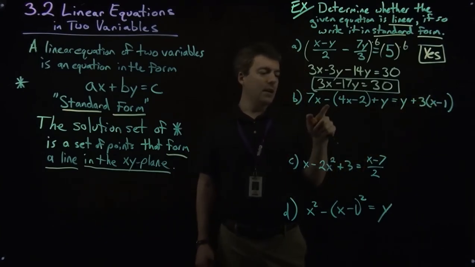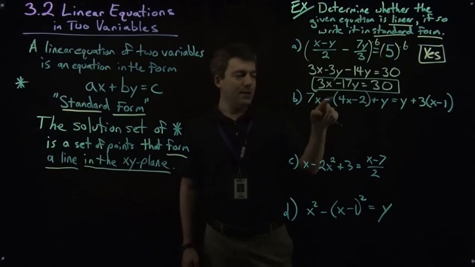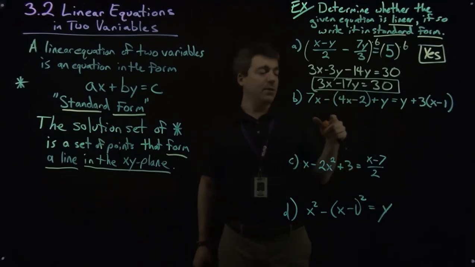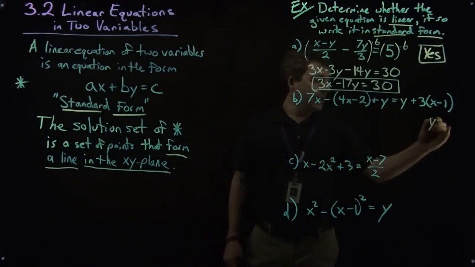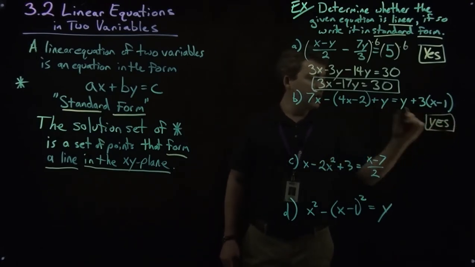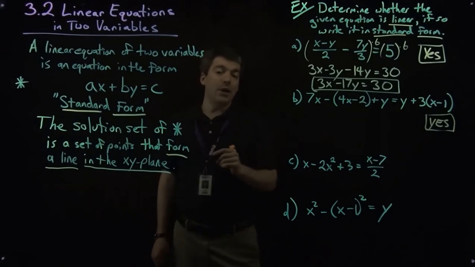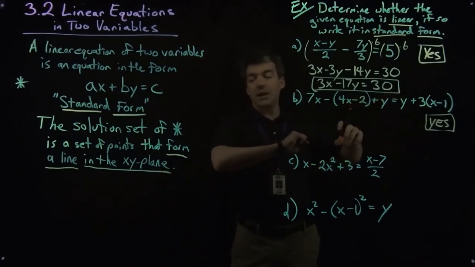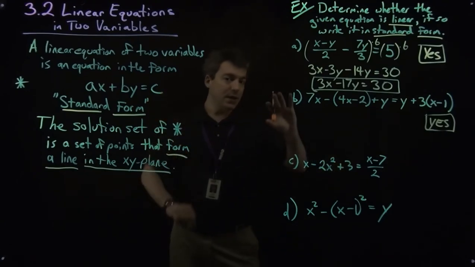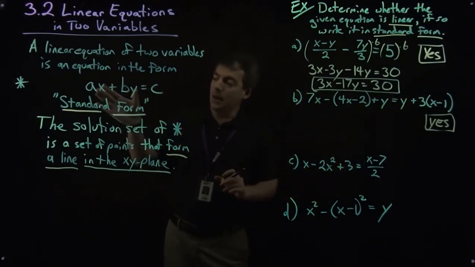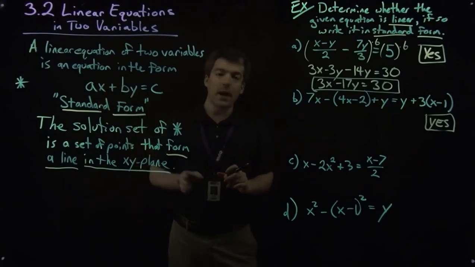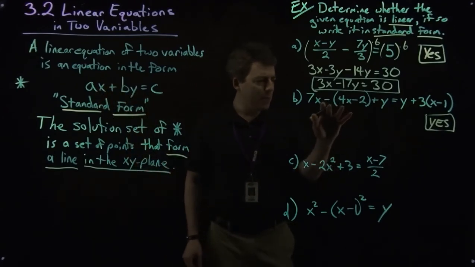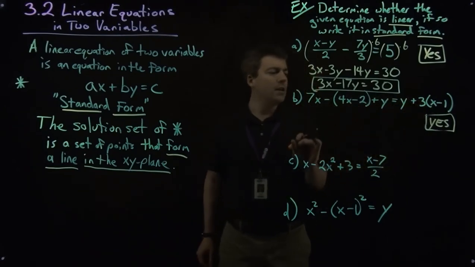That's just a 3. This minus sign here, there's no x involved with that, so there's no distributing here. So I will say yes again, it is indeed a linear equation. And now we want to put it in standard form. So again, that means we need to combine all the like terms, get the constants without the variables on the right-hand side, and the terms with an x and a y on the left-hand side.